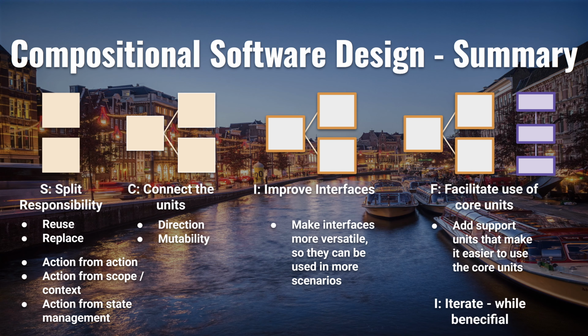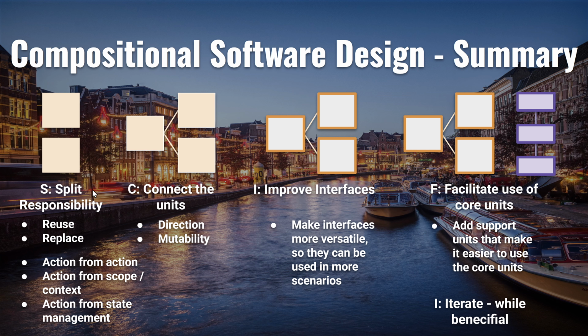In a bit more detail, when we split responsibility, we do that because there's part of the responsibility of the original unit that we want to reuse or that we want to be able to replace. A couple of common ways to split responsibility is to split action from scope or context, or action from state management.